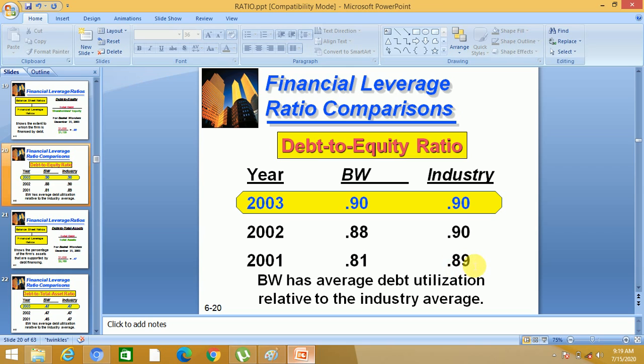And see the industry: 0.89, 0.90, 0.90, it is stable. So our debt level and the industry debt level are the same. Basket Wonders has average debt utilization relative to the industry average, meaning our debt utilization and industry debt utilization are equal.